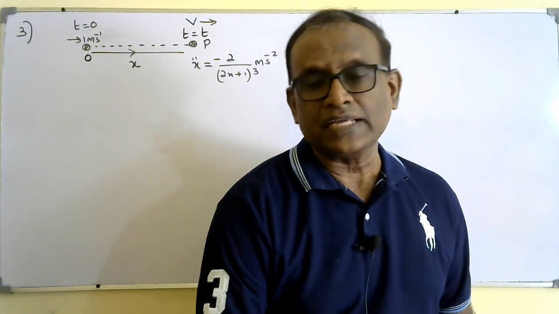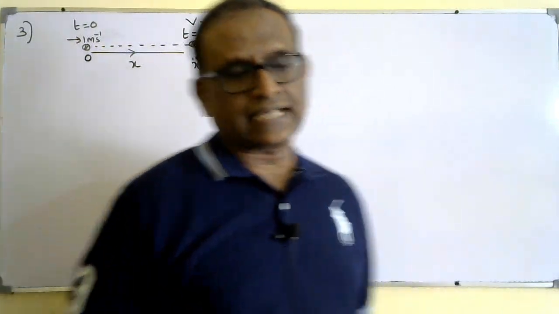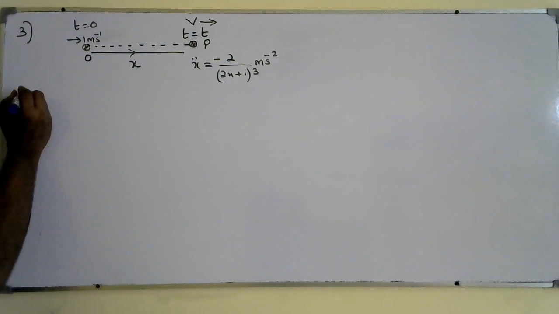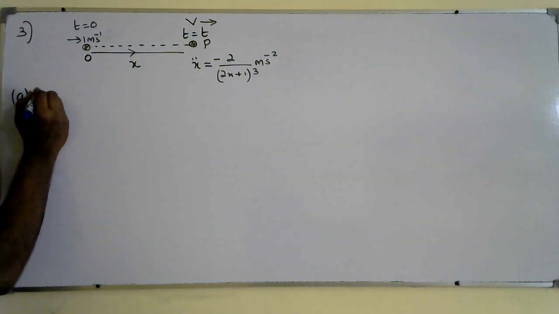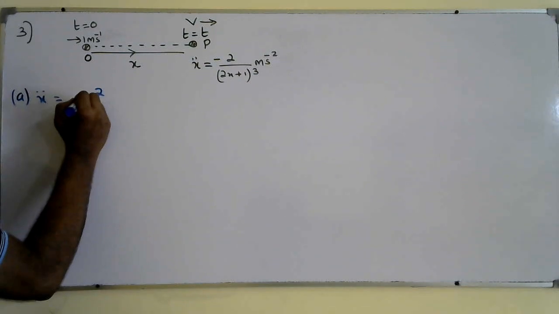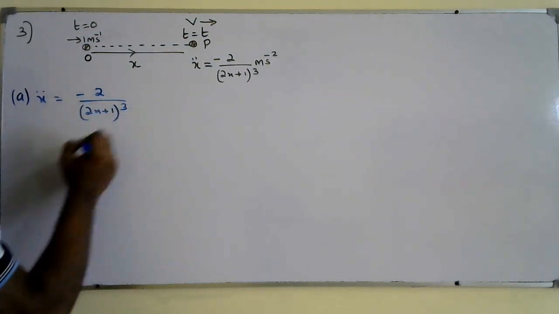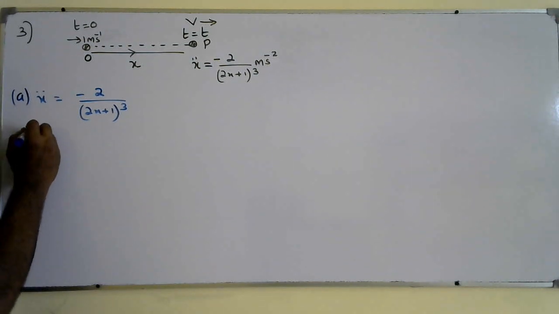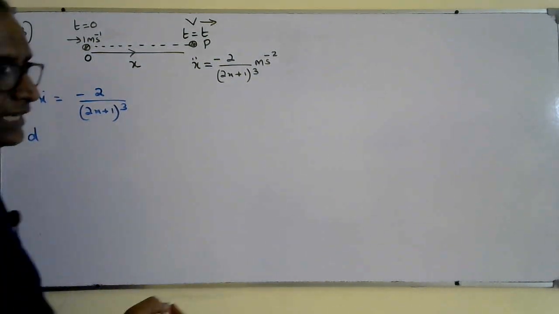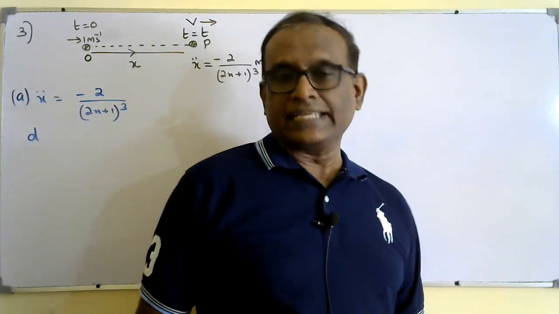Very simple, because we know the acceleration, we'll integrate it. So we know x double dot, part A, x double dot equals minus 2 over (2x plus 1) all the cube. x double dot means dx dot over dt, or dv over dt.